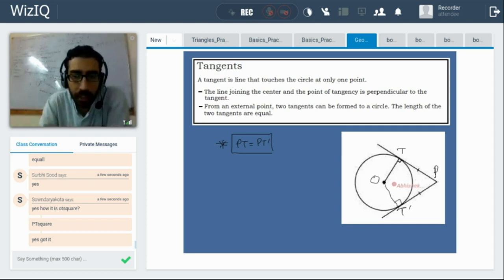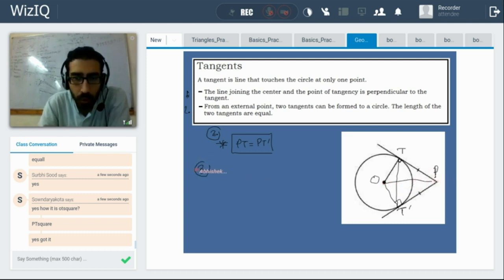Okay. Now let me share a couple of other properties here. Let's say this is property 1. Let's say this is property 2. So this is a part of property 2: PT is equal to PT dash. Very important also, this line TT dash is bisected by PO always.